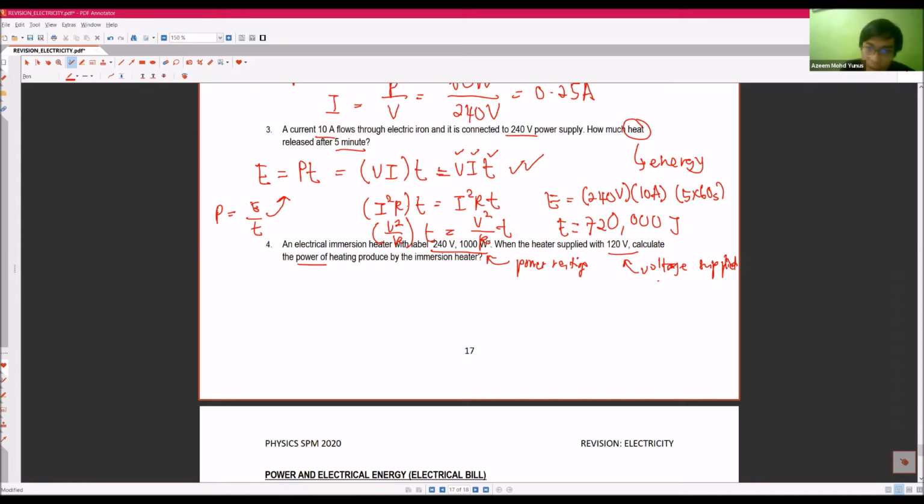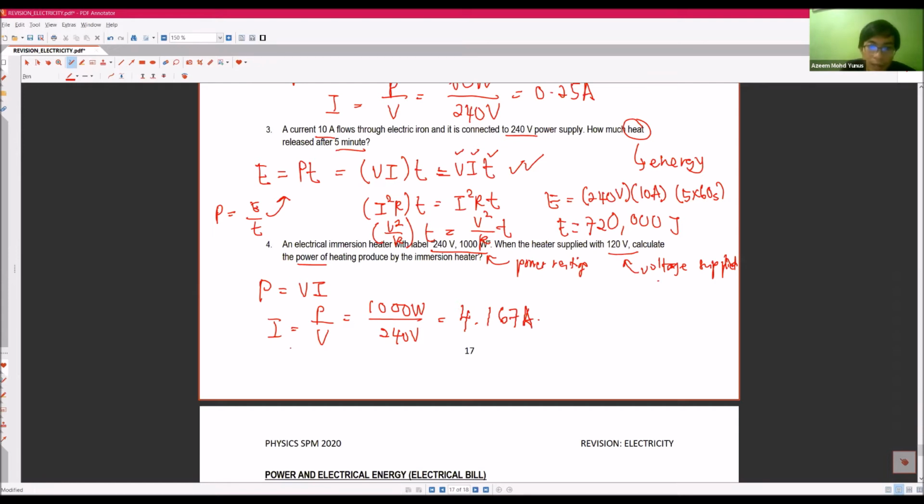Regardless of that, the current is going to be the same, even though the voltage is different. So I equals P over V. If we use 1000 watt divided by 240 volt, it equals 4.17 ampere.